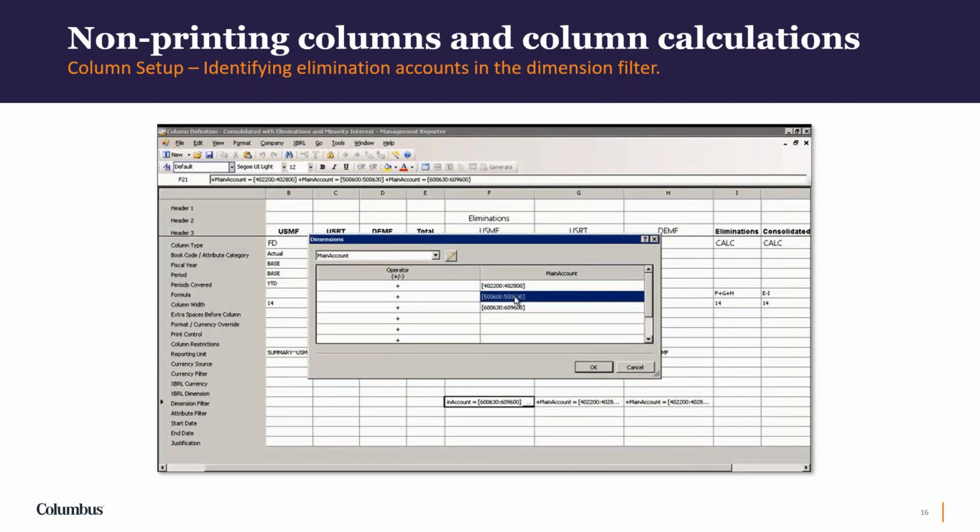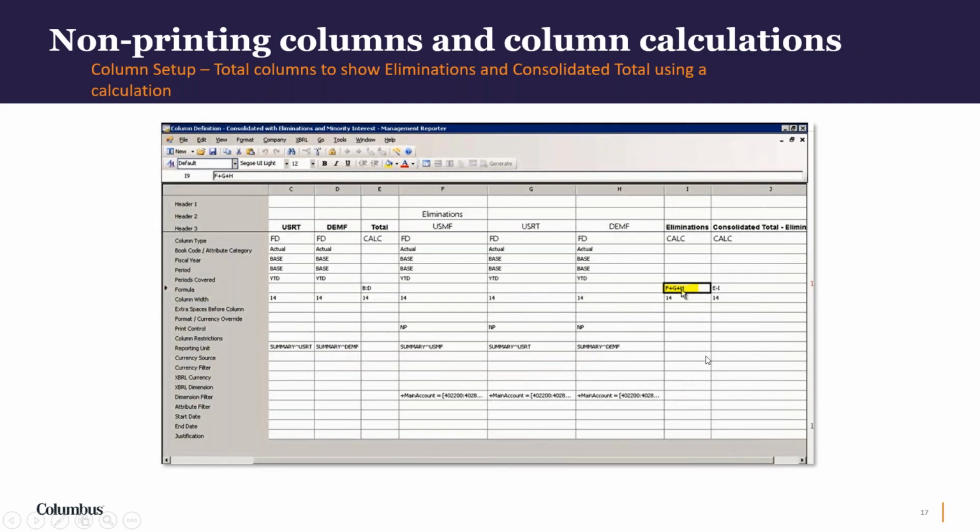And then in my attribute filter, you can see I'm including which accounts I want to be included as part of the eliminations. Okay, so then over here in column I is where I'm adding all of those F, G, and H together.